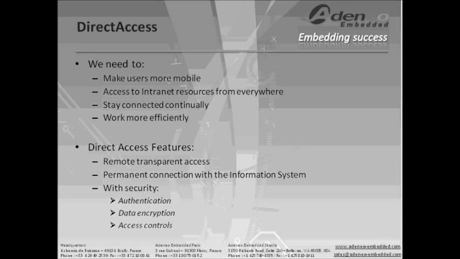As an example, traditionally mobile workers connect to an internet resource by using a VPN, virtual private network. However, using a VPN can be inconvenient because users must start the VPN connection and wait for authentication to complete.